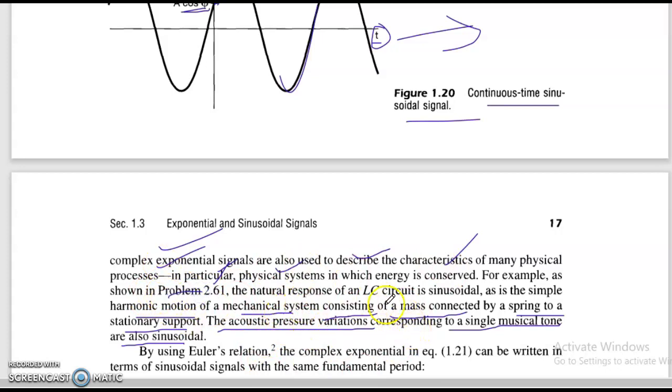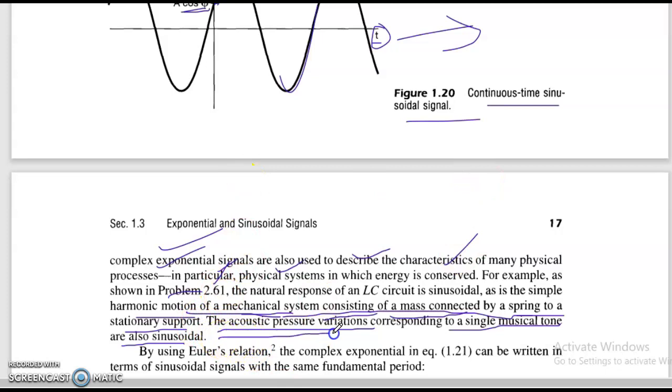The same holds in this LC circuit. Sinusoidal, as is the simple harmonic motion of a mechanical system consisting of a mass connected by a spring to a stationary support, where there is vibration.